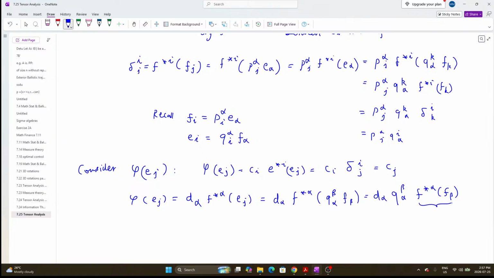But this is just the Kronecker delta alpha beta. Wait, there should be a free index.